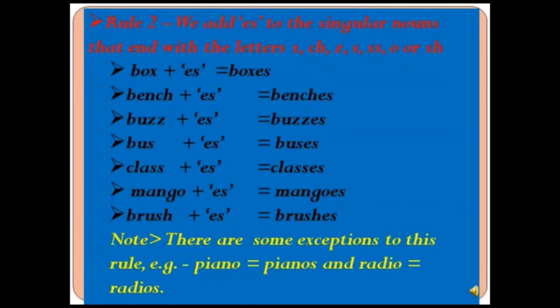Class plus es equals classes. Very good. Next one. Yes. Mango plus es equals mangoes. Correct. Brush plus es equals wonderful, brushes.